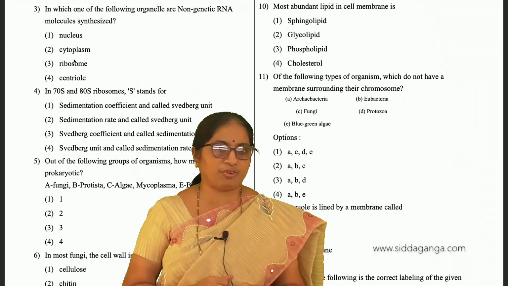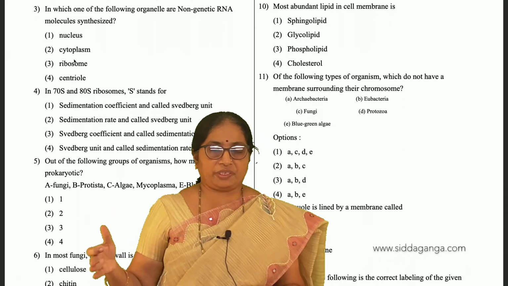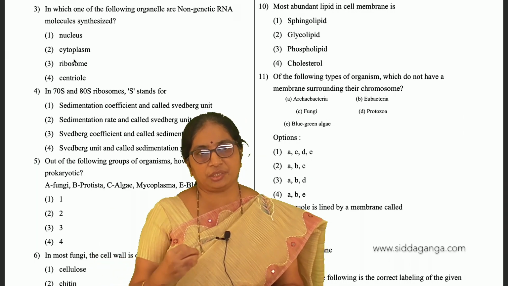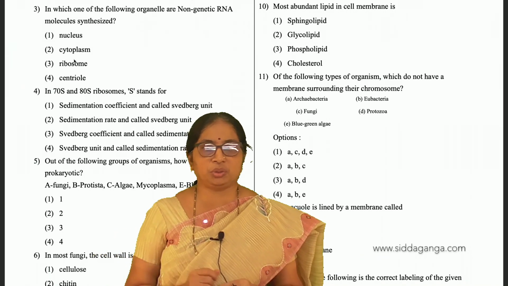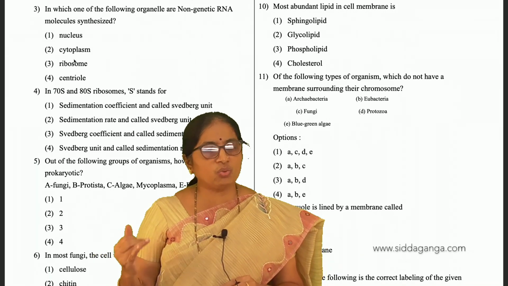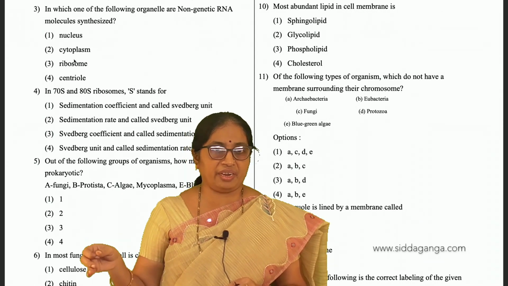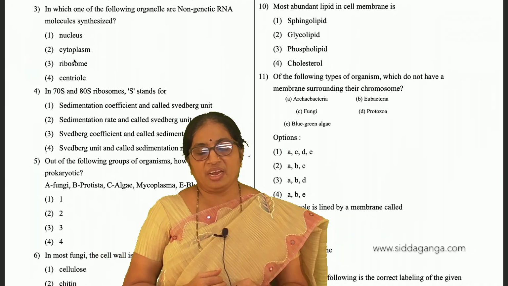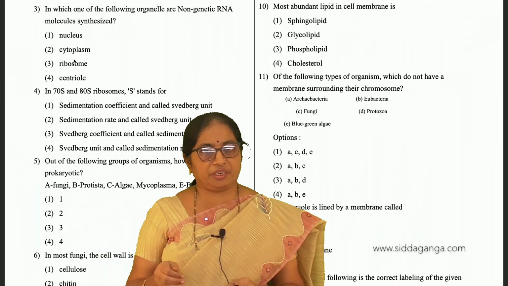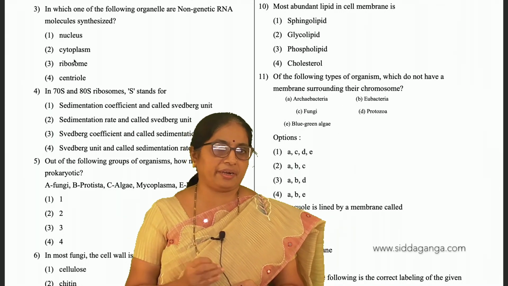It has certain other functions in the body. Whereas if DNA is not present, RNA itself will act as the genetic material, the transmitting unit from one generation to another. Now, a word like non-genetic RNA tells us that DNA is present in the cell. And when DNA is present, DNA is the genetic material and DNA is capable of producing the RNA.